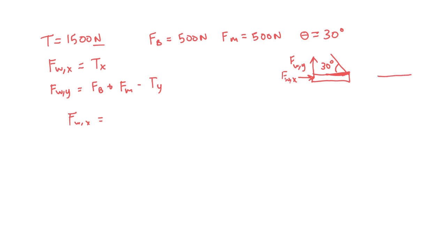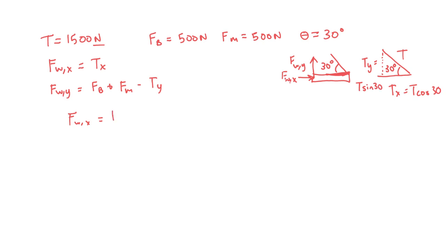So here's our tension force. This angle is 30 degrees. So Tx is right here. So it's equal to T cosine of 30. And then this is Ty, which is equal to T sine of 30.